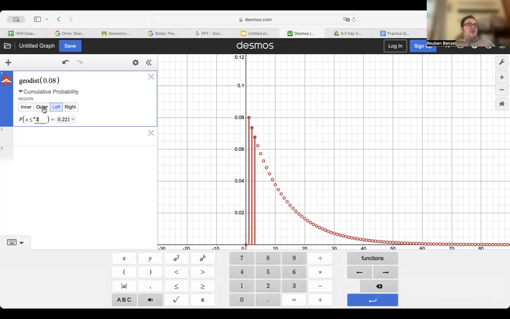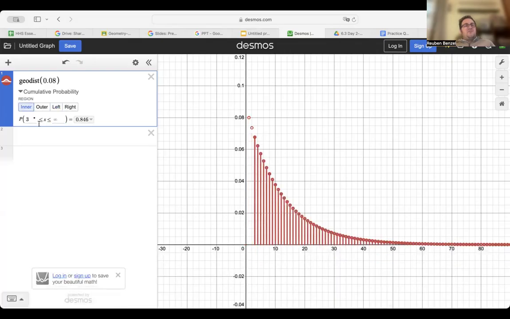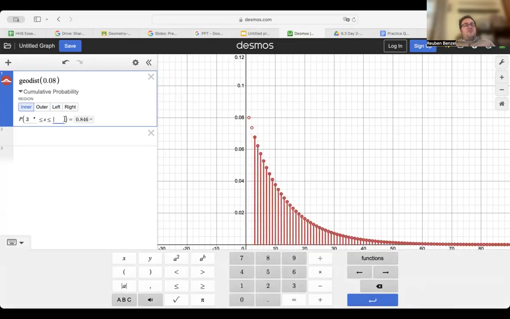And if we wanted to know the probability of ending the game between 3 and 5, that would be 0.187.